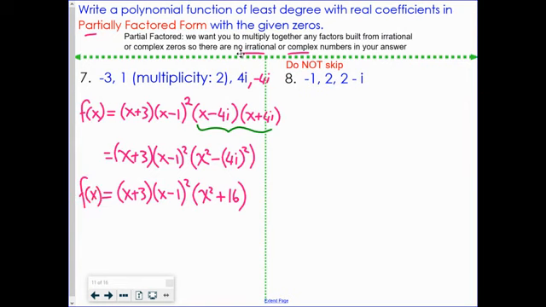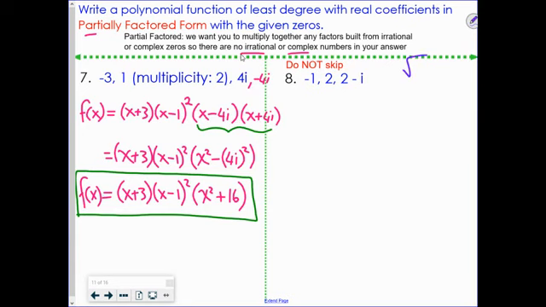And let's have a look at the second one where it says do not skip. Oh, that sounds ominous. Right, so this one, if you have a square root, remember, they always have a plus or minus.